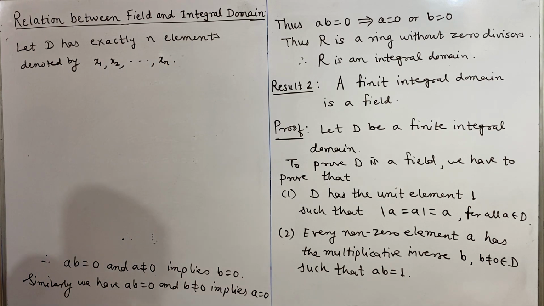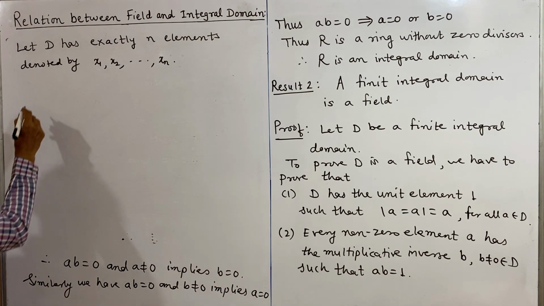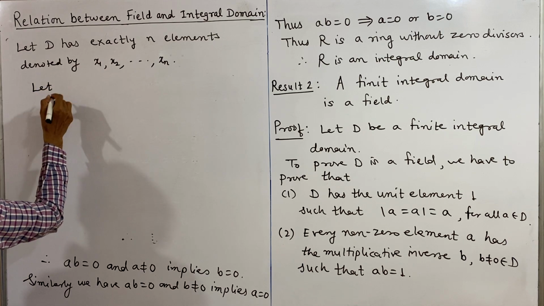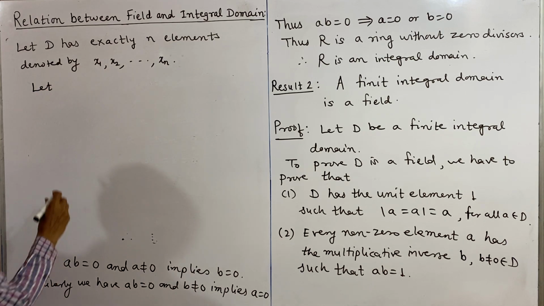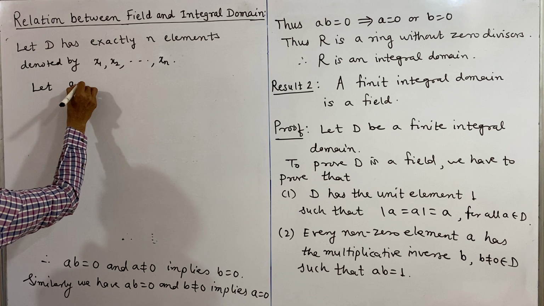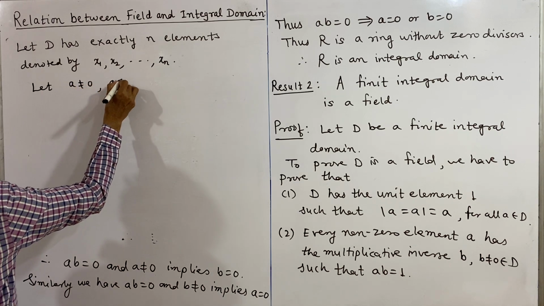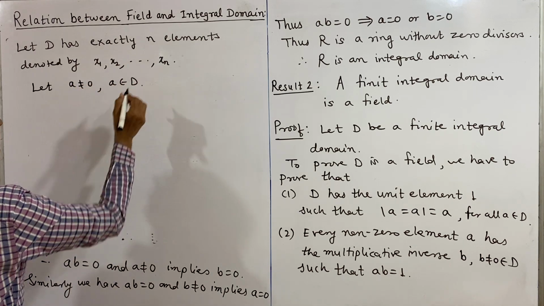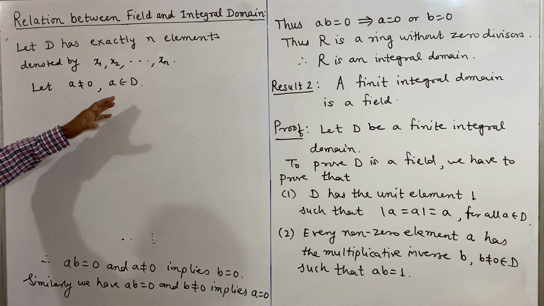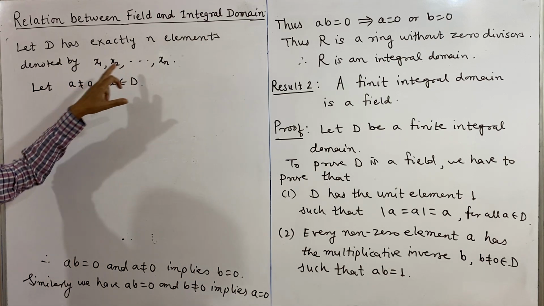D has these n elements. Further, we shall consider an element A in D. Let A not equal to 0, A belongs to D, be an element of D. Then obviously A will be one of these.